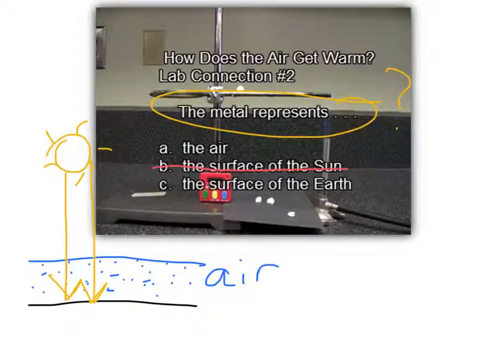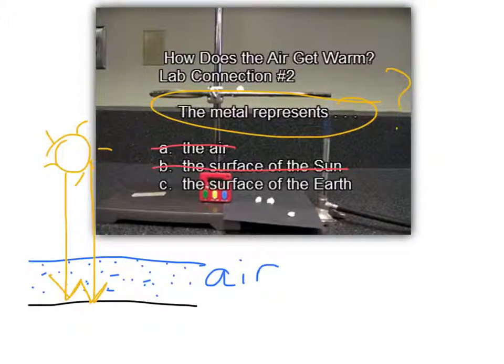If it was possible for the air to directly absorb the energy in sunlight, it would need to absorb the light itself. And since the air is mainly transparent, allowing the sunlight to pass through it freely, reaching the surface of the earth, the air does not represent the metal.